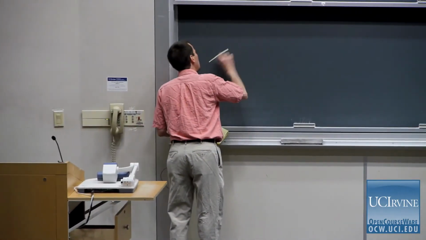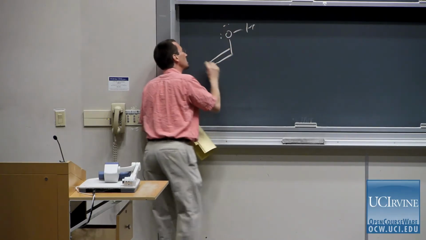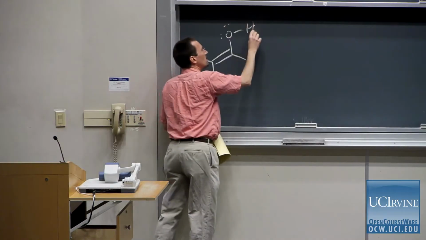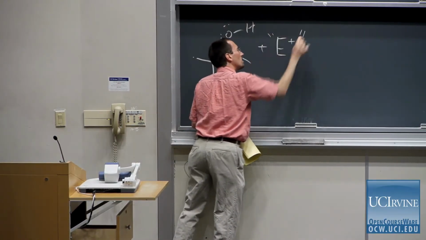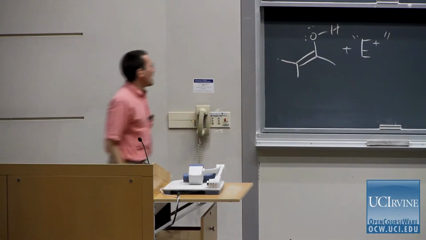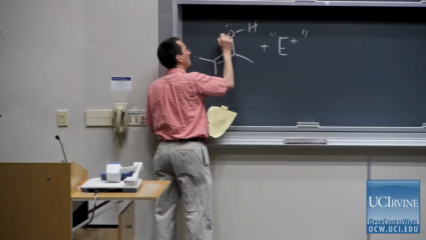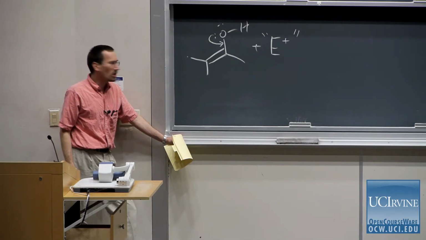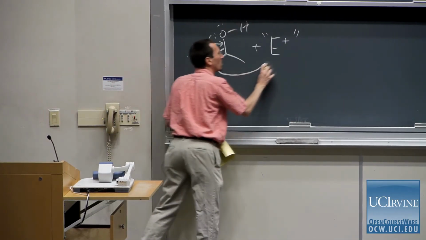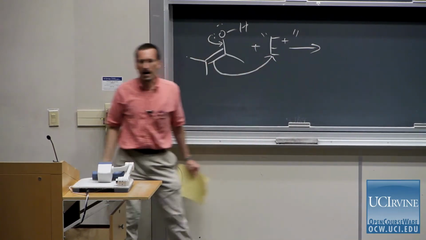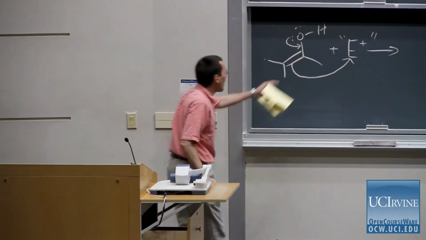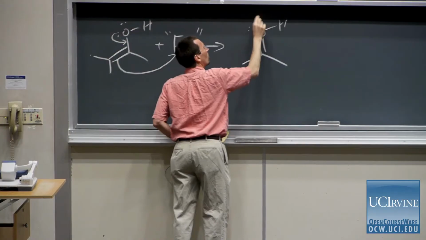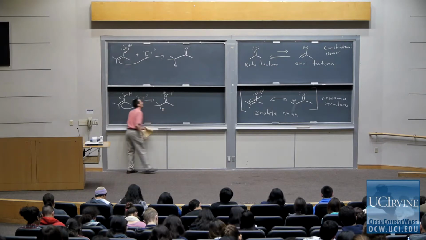So in the case of an enol, this minor species that's present in equilibria with ketones and aldehydes, and to a lesser extent with other carbonyl compounds, we can imagine here's our enol, and again I'll have my generic electrophile, E+, and we can imagine electrons flowing down from the oxygen into the carbon-oxygen bond, giving rise to a carbon-oxygen double bond, concurrently with electrons flowing from the carbon-carbon double bond to the electrophile.